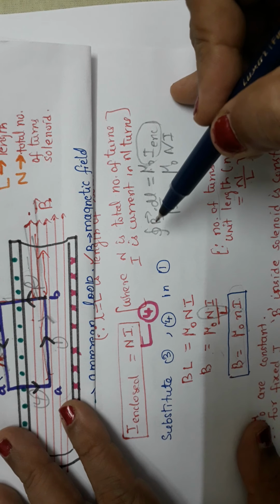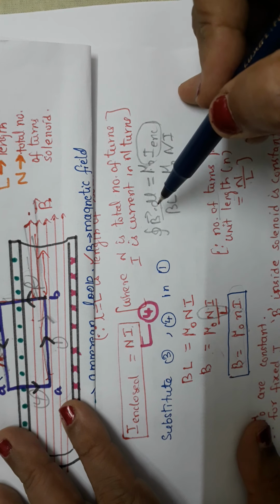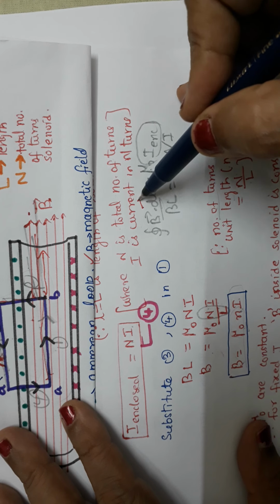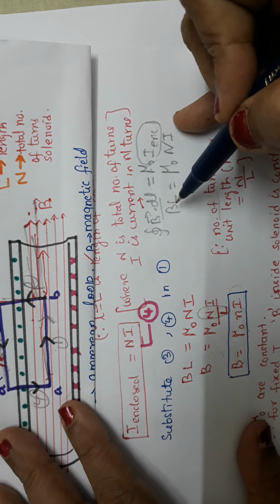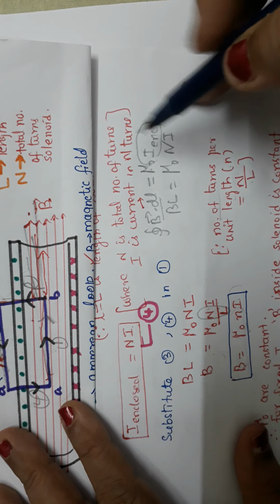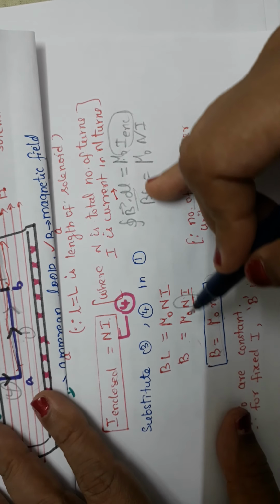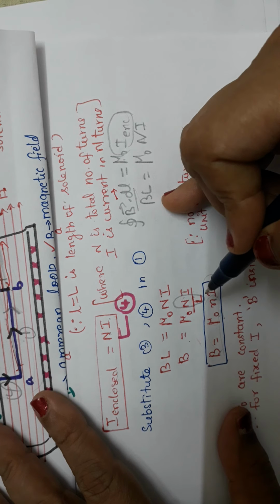Now look here, I have again written this Ampere circuital law. Closed integral B vector dot dl vector is equal to mu naught I enclosed. So first integral you got BL, that is equal to mu naught I enclosed, which is N into I, right? That is what I have written here. So if you take B here, L will come to the denominator.